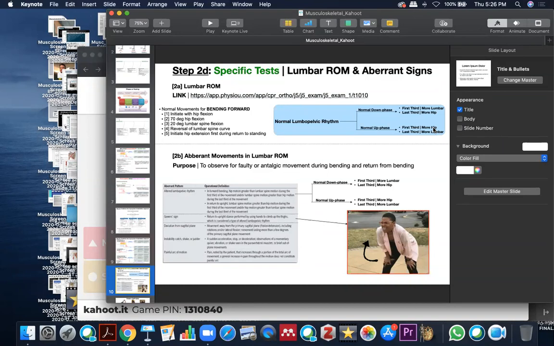I tried this first, and I think that's why I messed it up the first time, because I thought my hip movement was going first. Maybe I'm just messed up. But when you're going back up, you've got posterior pelvic tilt in the first third of the movement, and then you have the lumbar part, which is lumbar extension. So these are just mirrors of each other: lumbar then hip, but then hip then lumbar.